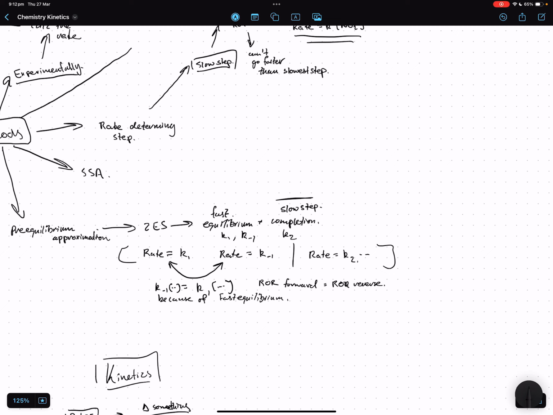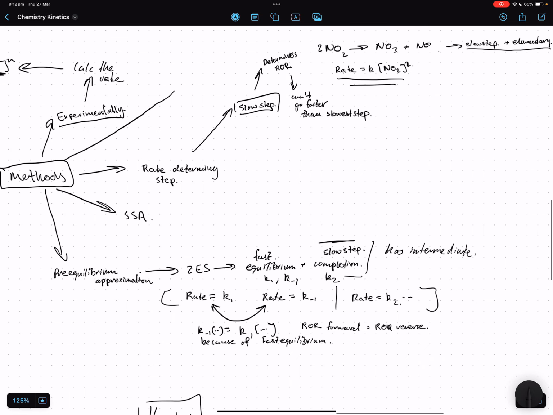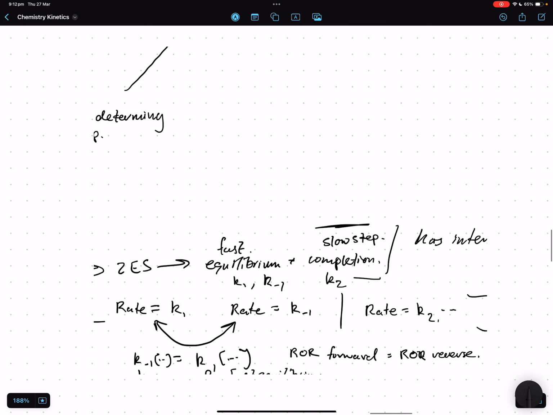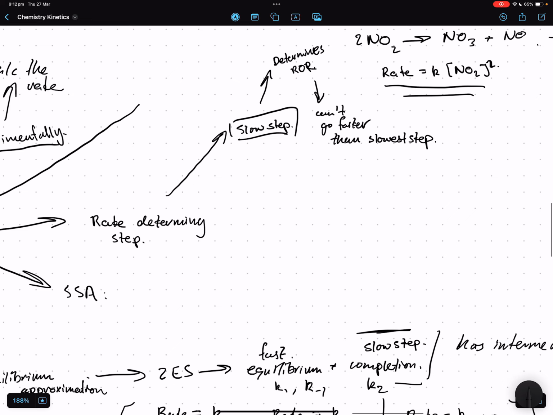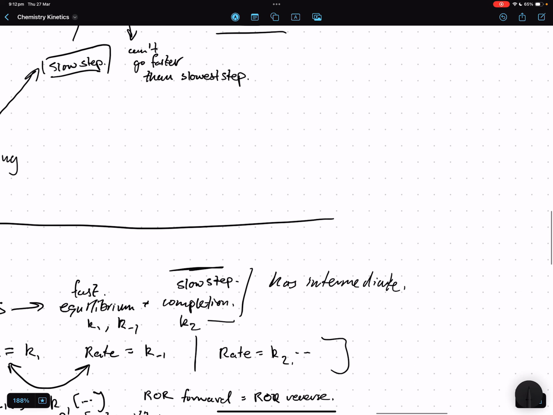Once this slow step has an intermediate, then we have to use this pre-equilibrium, as long as we have a fast equilibrium. That's very important. Now SSA, this is like when you're completely lost.